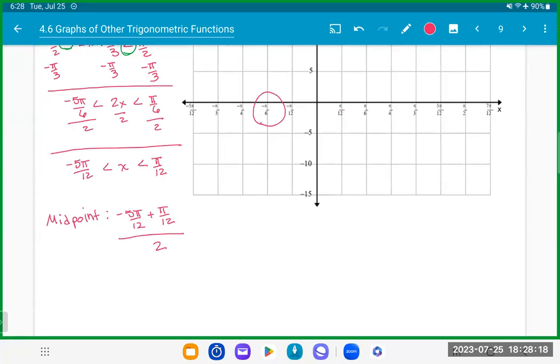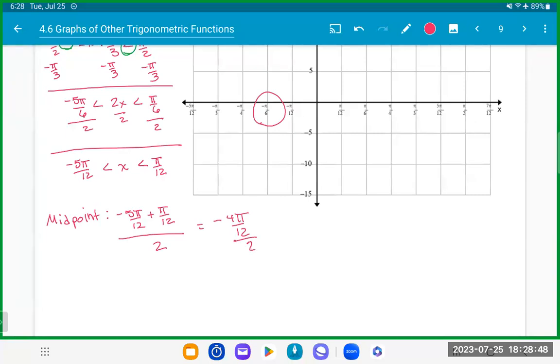So when I do negative 5 pi over 12 plus pi over 12, that gives me negative 4 pi over 12, divided by 2, which is times 1/2. So we'll multiply that by 1/2.